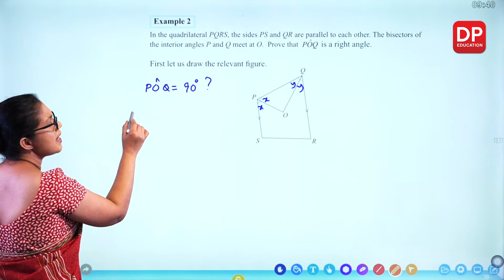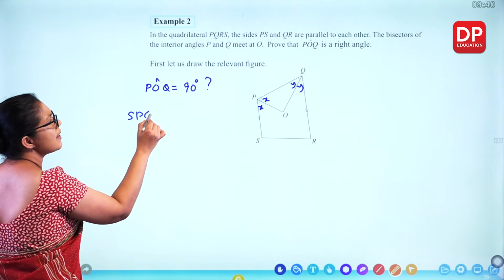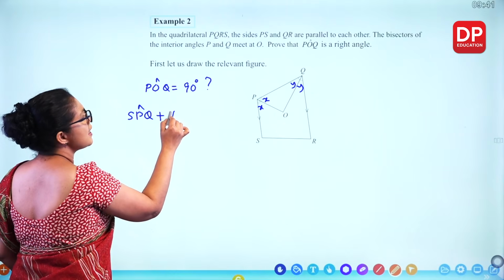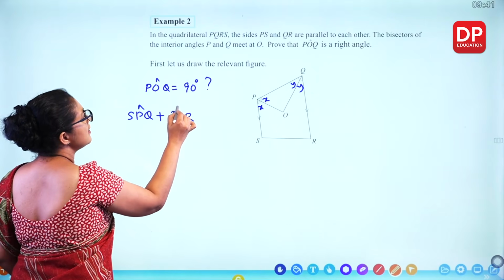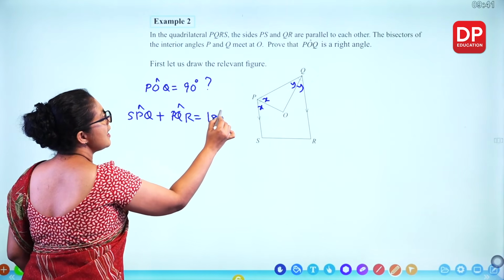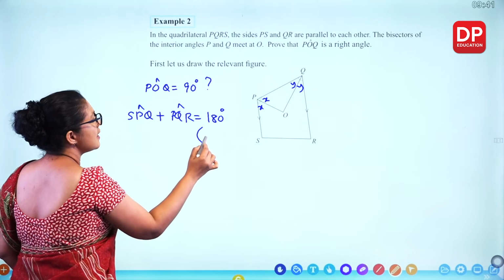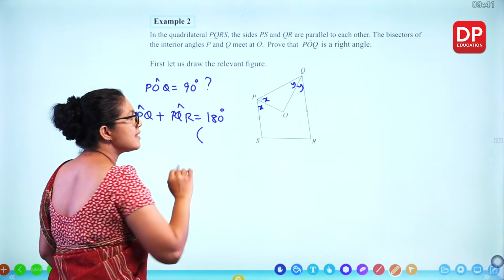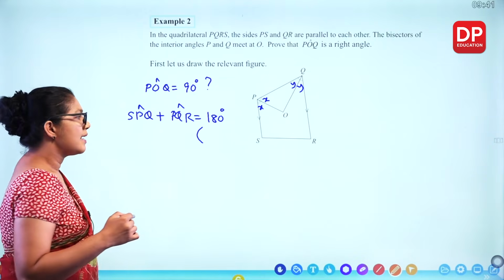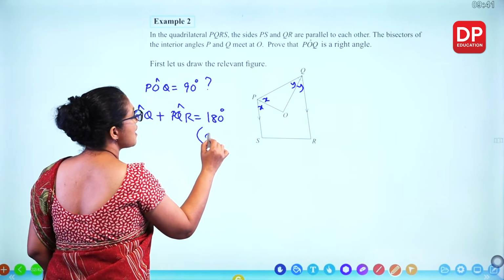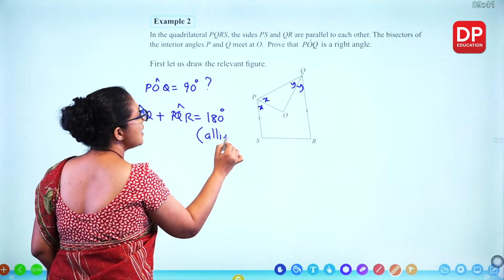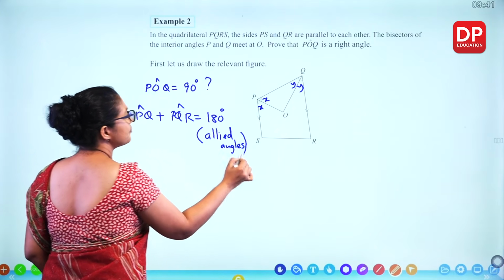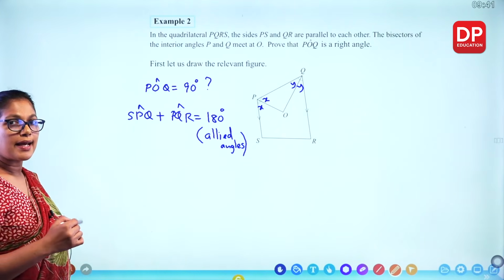So I can write SPQ angle plus PQR angle is 180. What do you call that? Sum of interior angles inside parallel lines. Sometimes we call them allied angles. Allied angles add up to 180.